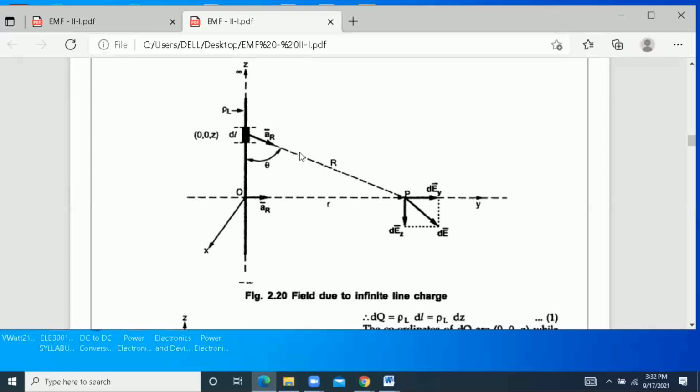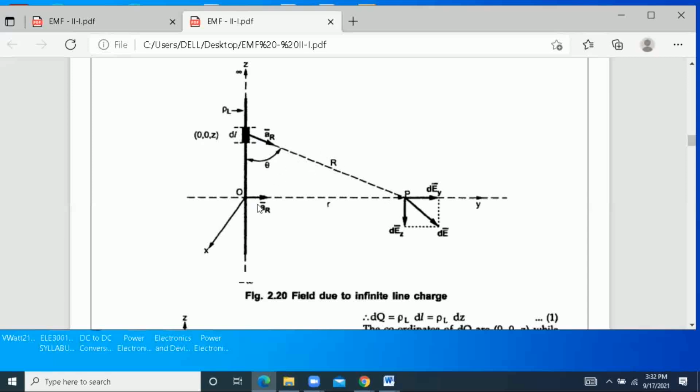But wherever it is, this is your position vector.